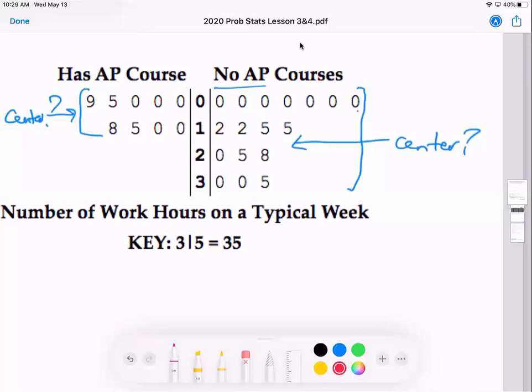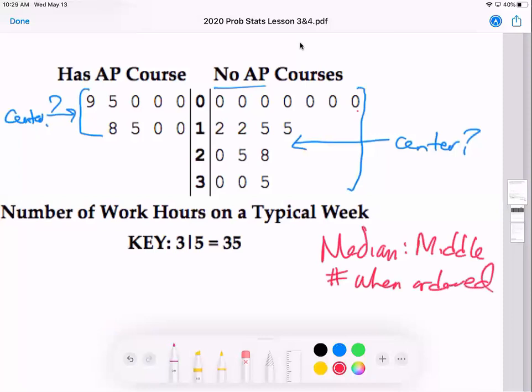We can calculate the median. The median is the middle number when ordered. And these are ordered in a sense. So the middle number on the left, we have 1, 2, 3, 4, 5, 6, 7, 8, 9.